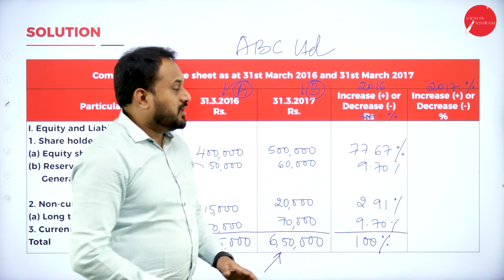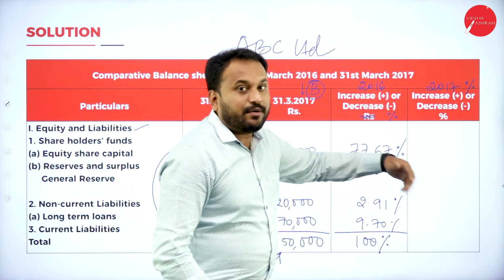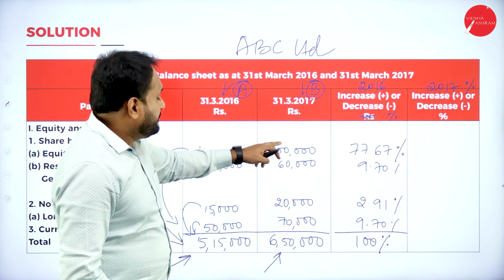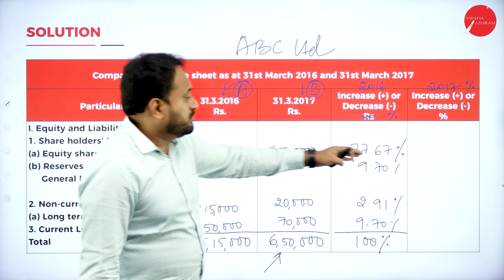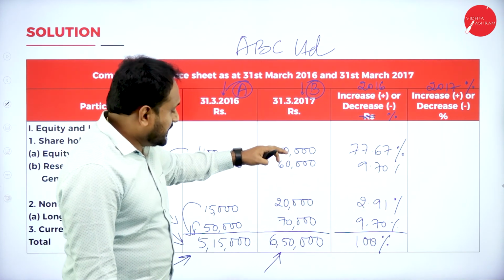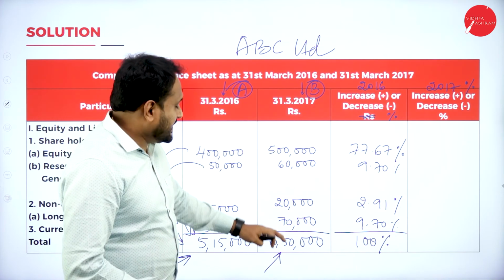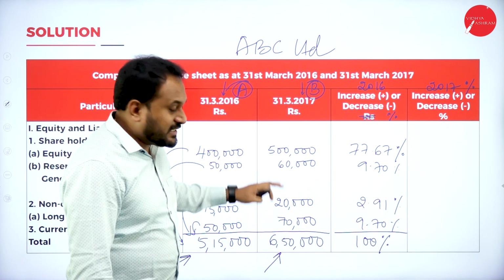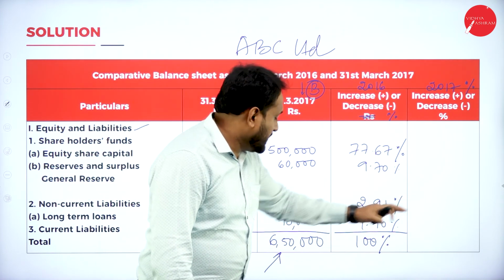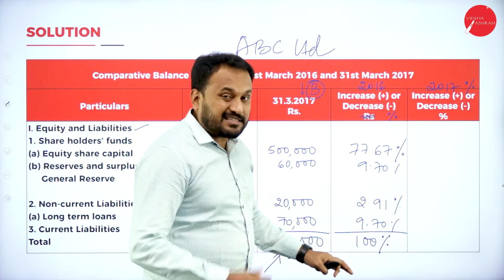The same way you are supposed to do here. How exactly will you do it? 5 lakh divided by 6,50,000 into 100. Put it here. 60,000 divided by 6,50,000. Put it here. 20,000 divided by 6,50,000. And the last one, 70,000 divided by 6,50,000.